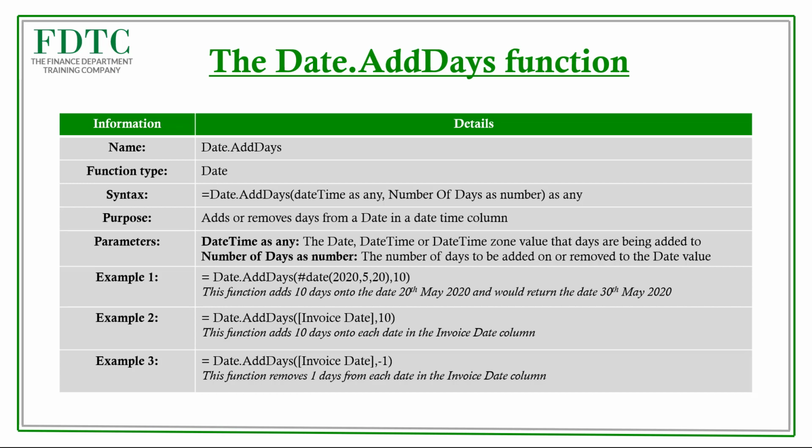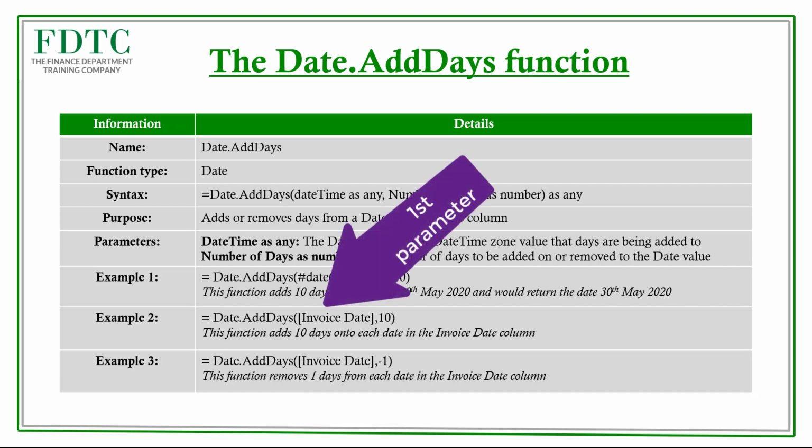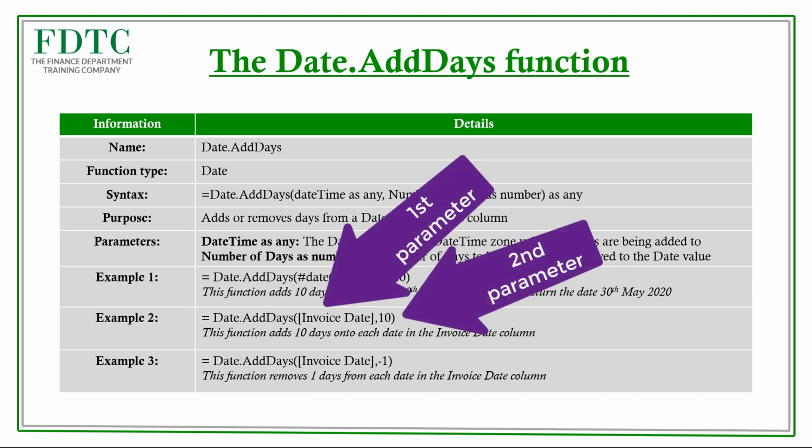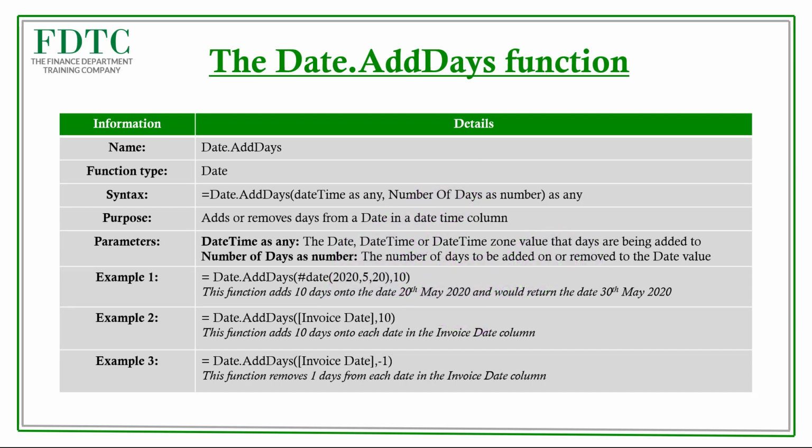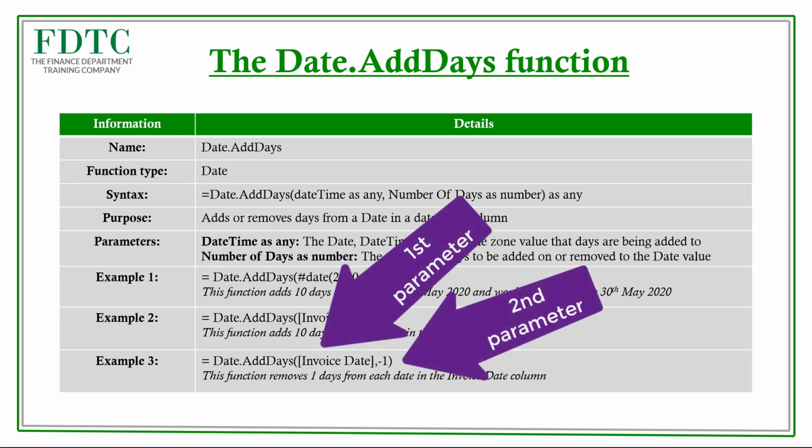The first parameter is our invoice date column, and then the second parameter is our 10 days that we're adding on. Our function would then go through our invoice date column row by row, adding on 10 days to each date it finds in the date column. Then finally, our last example here takes off one day from each date in our invoice date column by adding here in the second parameter the number -1.